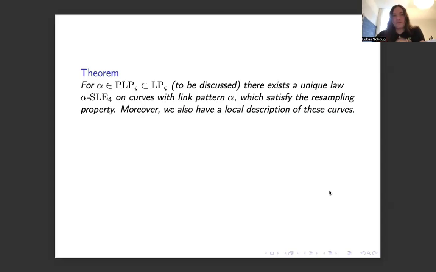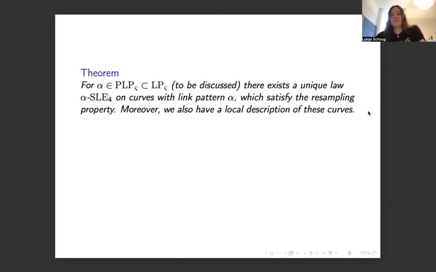And if we choose these link patterns LP sigma, then for a subset of these called the PLP, there exists a unique law, alpha SLE4, on curves which has the link pattern alpha and satisfy the resampling property. So this is the existence of a global multiple SLE with these more general link patterns.